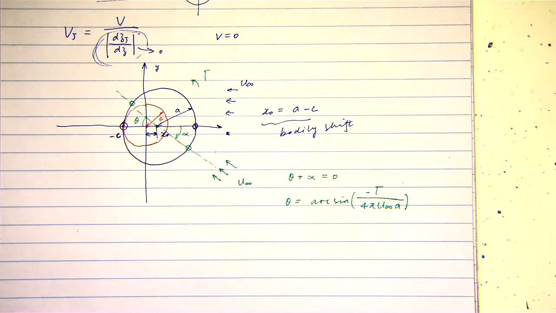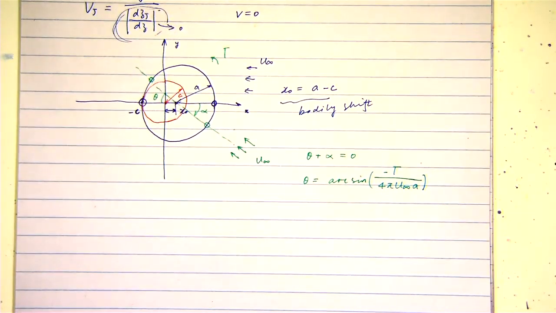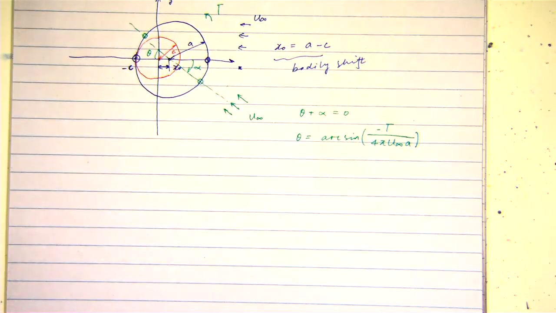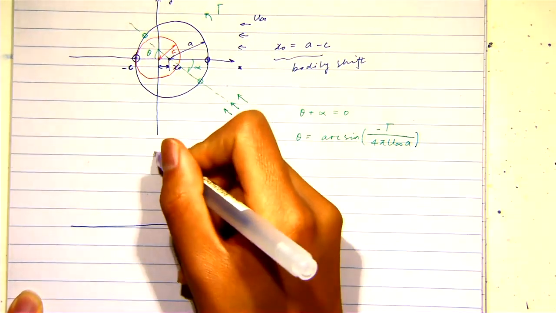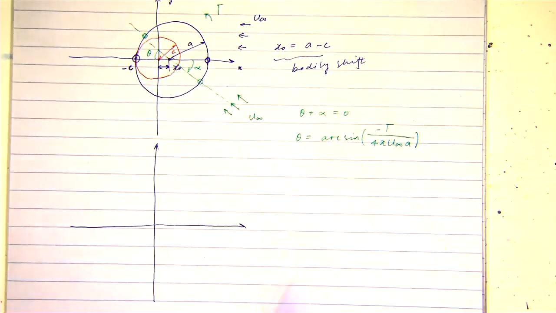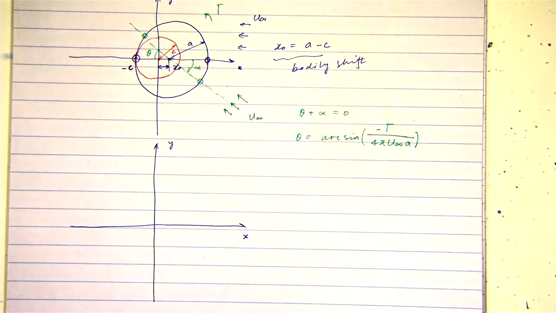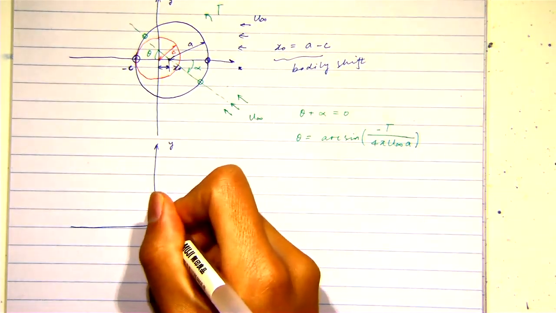And we can add a little bit more to this by considering a cambered airfoil. So let me keep it here and I'll sketch it again. It's the same Joukowsky circle.